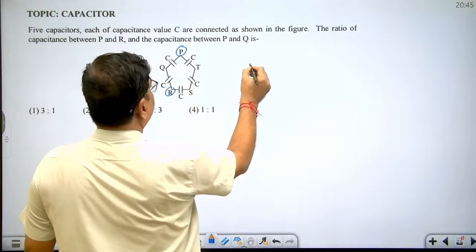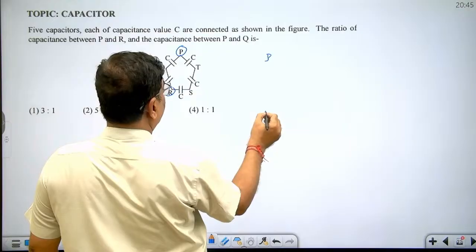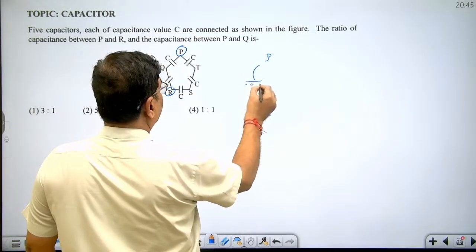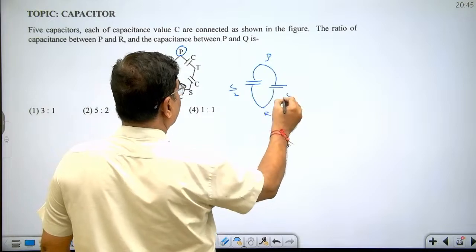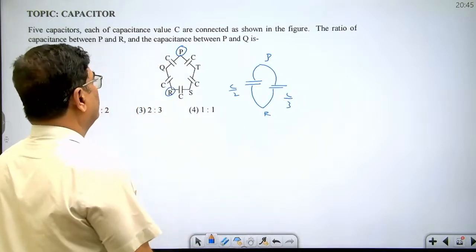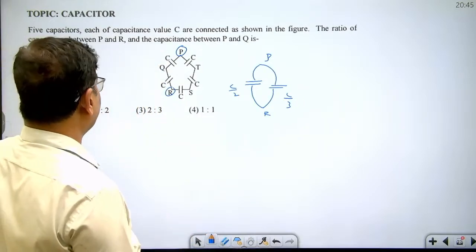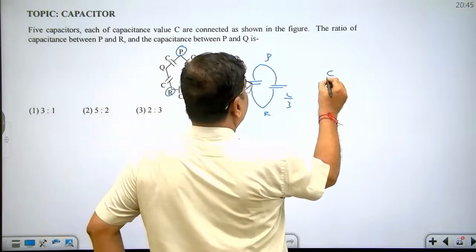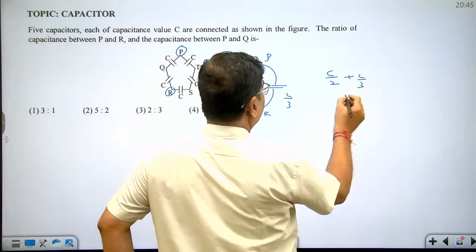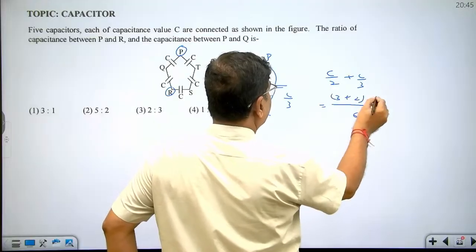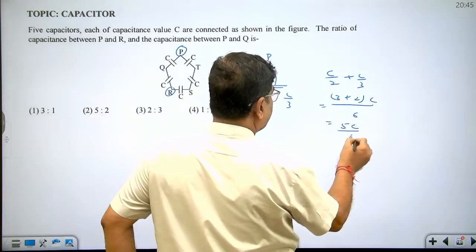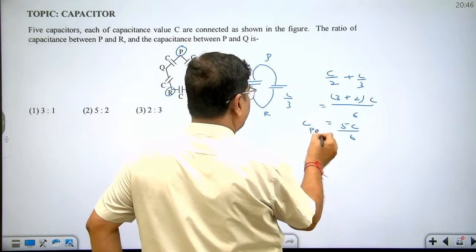So this is C by 2, this is C by 2, and this is C by 3. So the equivalent between P and R is C by 2 plus C by 3, because they are in parallel. This becomes 5C by 6. This is the capacitance between P and R.